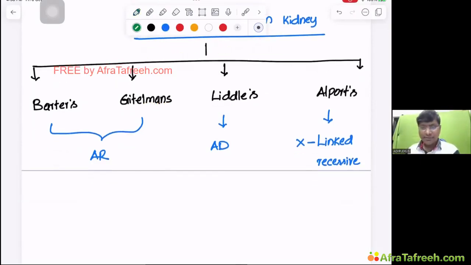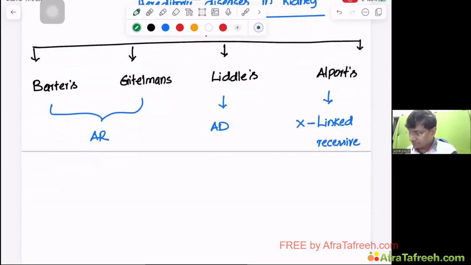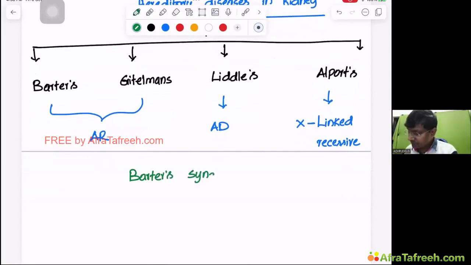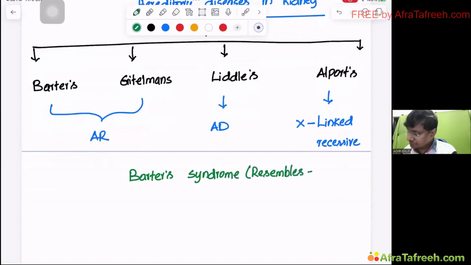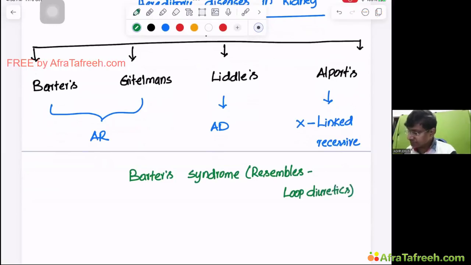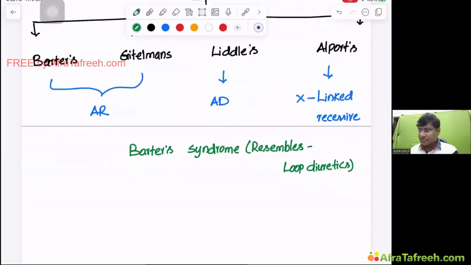Now you take the Bartter syndrome first. Bartter syndrome resembles the loop diuretics.